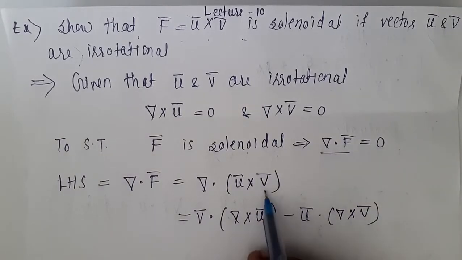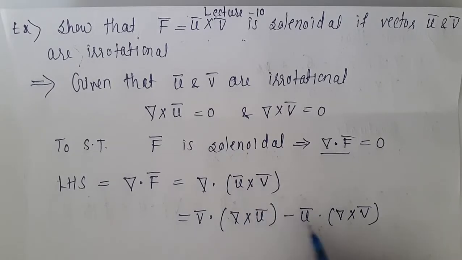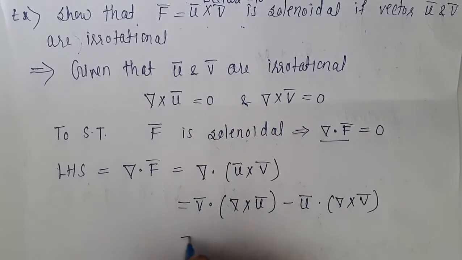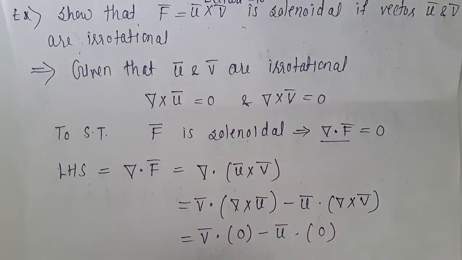It is the second vector multiplied by the cross product of del with u bar minus the first vector multiplied by the cross product of del with v bar. Now what is given? Del cross u bar and del cross v bar are equal to 0. So v dot 0 minus u dot 0 is equal to 0. So it is equal to 0.